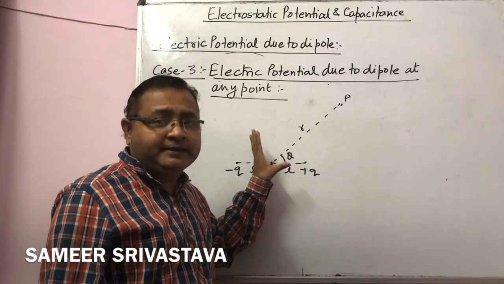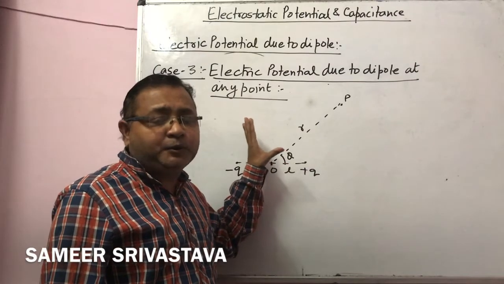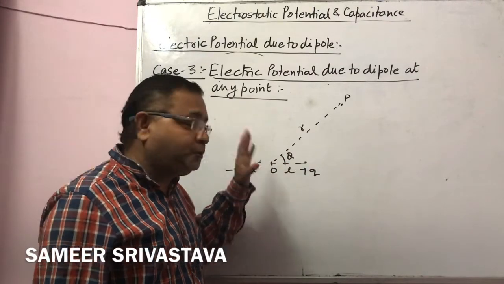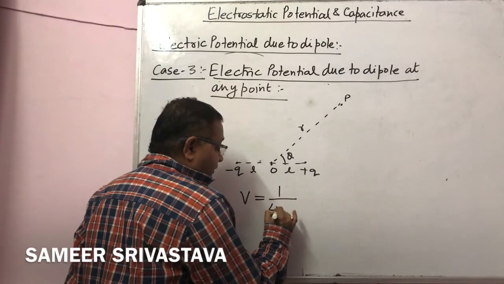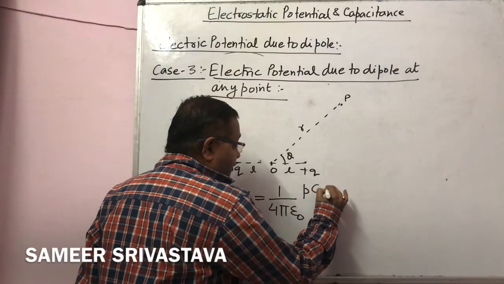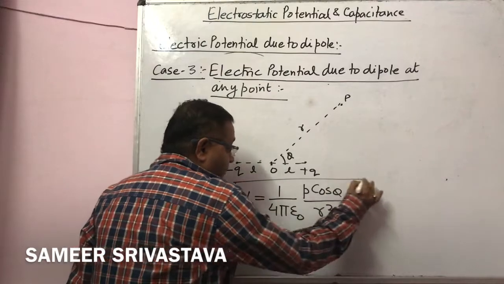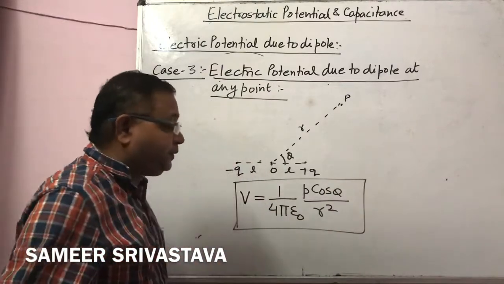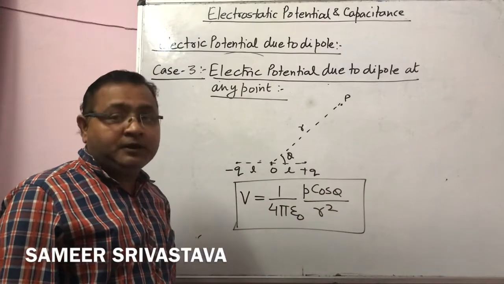I am only giving you the formula to find the electric potential at any point due to dipole. The potential formula is V is equal to 1 upon 4 pi epsilon naught P cos theta upon R square.